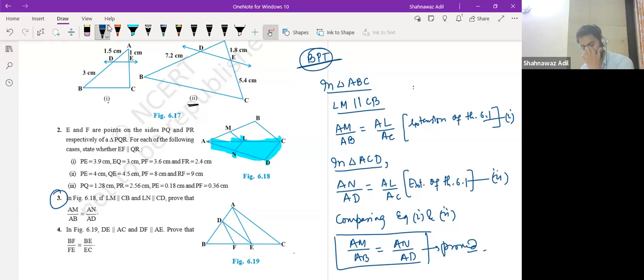Sir, can we write in this format in the board exam? Yes, of course. Why not? This extension is there in the NCERT.